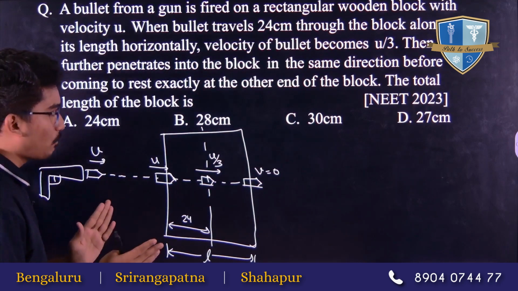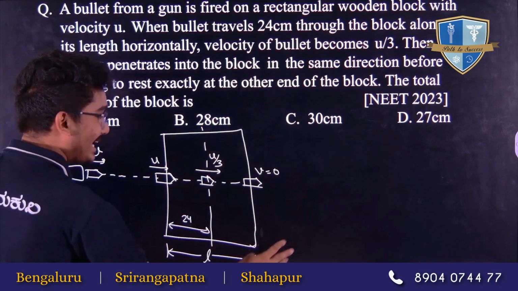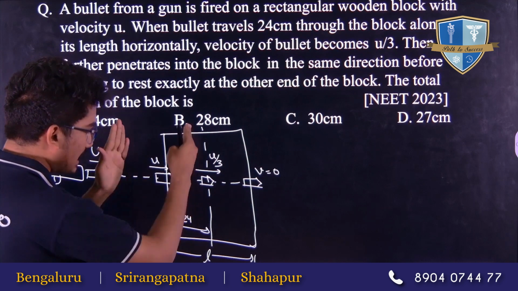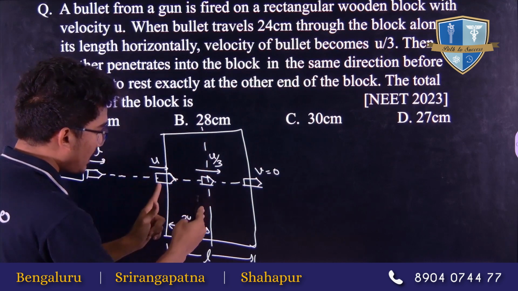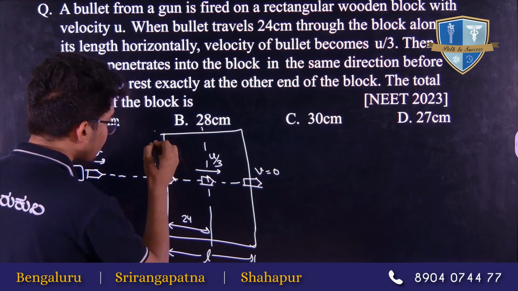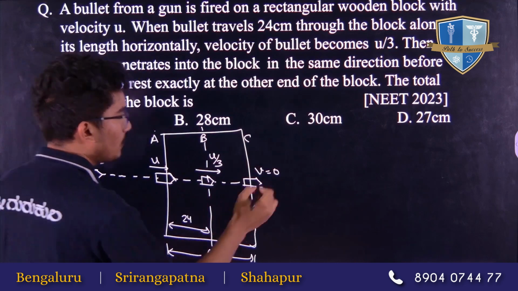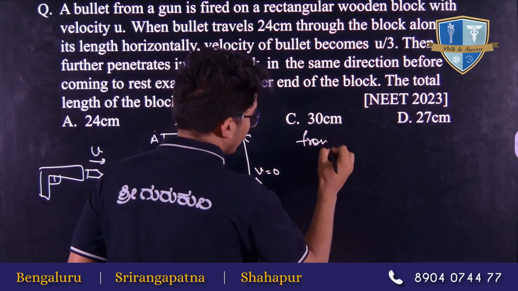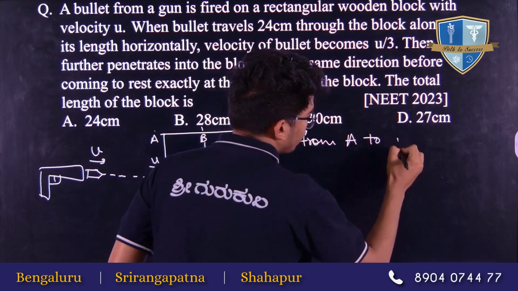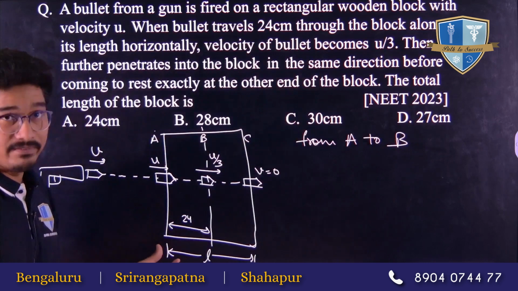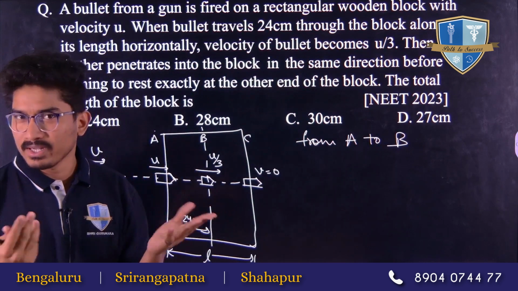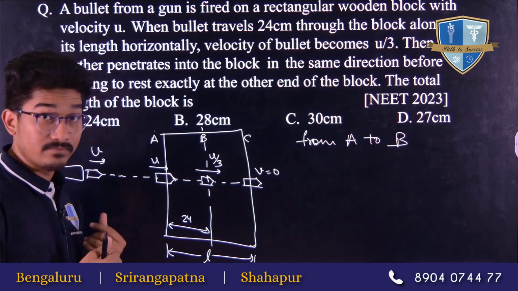So now we are supposed to study this entire thing in 2 intervals. First interval when bullet is traveling from point A to B, and then from B to C. So first from A to B. What things we know? How we will decide which formula we are supposed to use? We will see what things we know already.